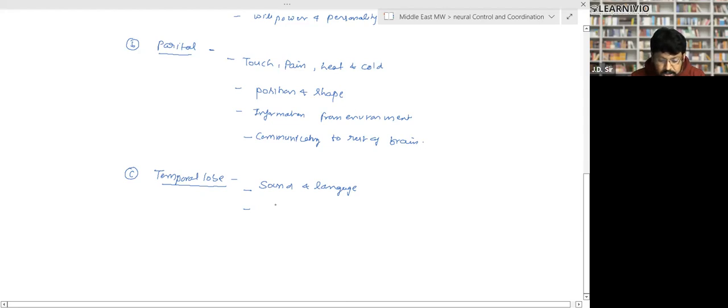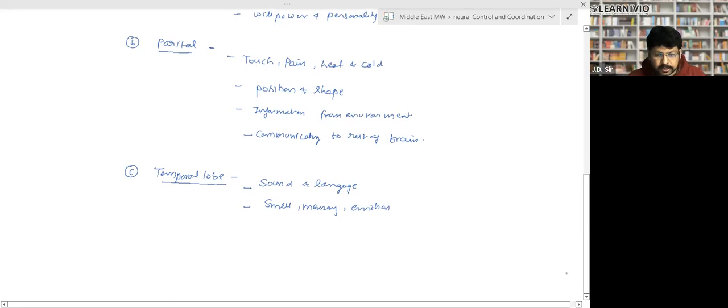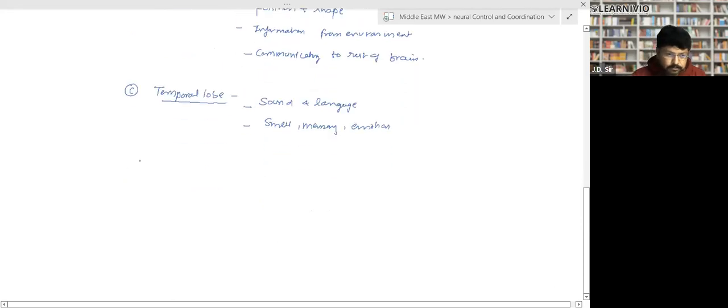Next, smell, memory, and emotion. Last but not the least, that is the occipital. D part is occipital.